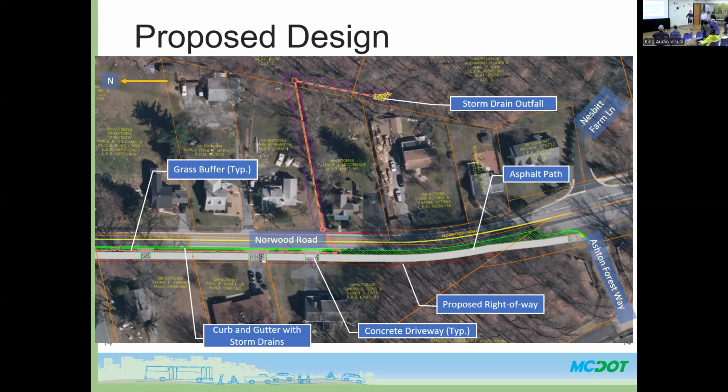It's another opportunity for the community to speak up about their concerns or ask questions, and that is hosted by Park and Planning. After that, the county, MCDOT, will hold a public hearing, which allows residents or citizens concerned about the project to give oral and written testimony. So that's another way of showing the comments, showing the feedback.